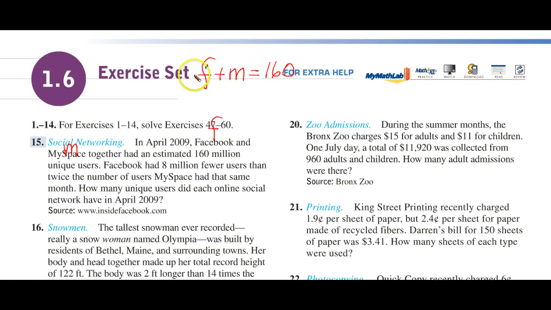The number of Facebook users plus the number of MySpace users equals 160.